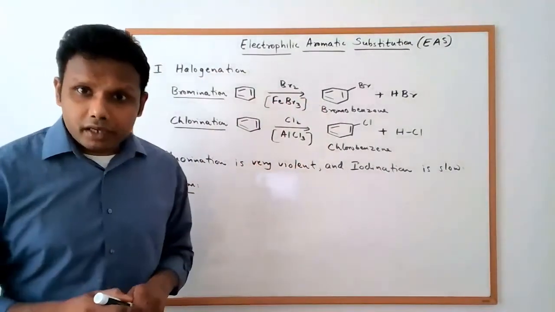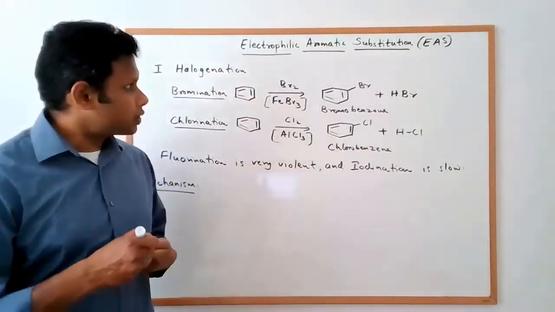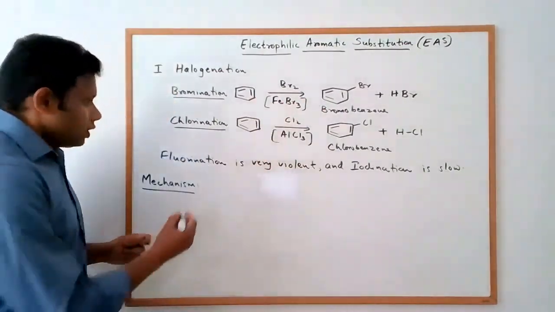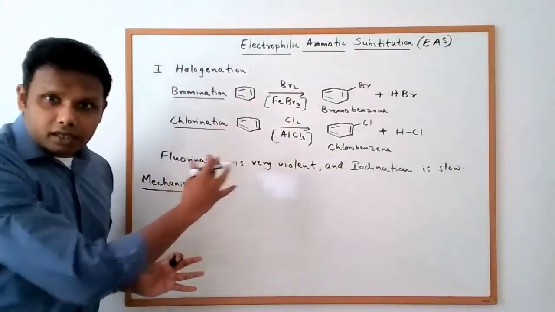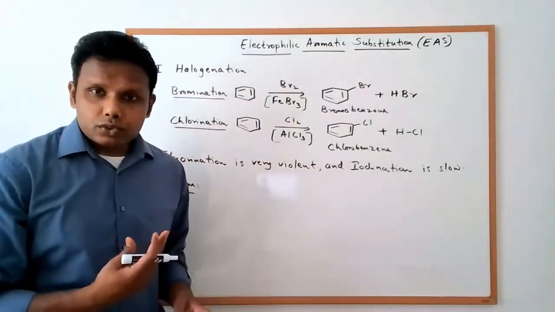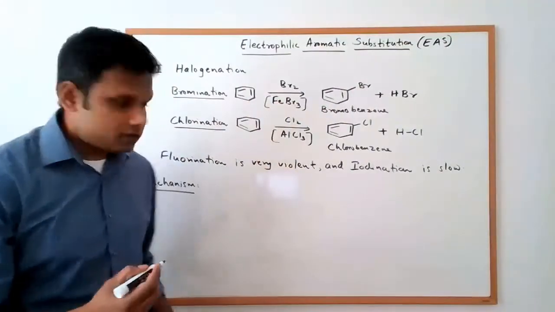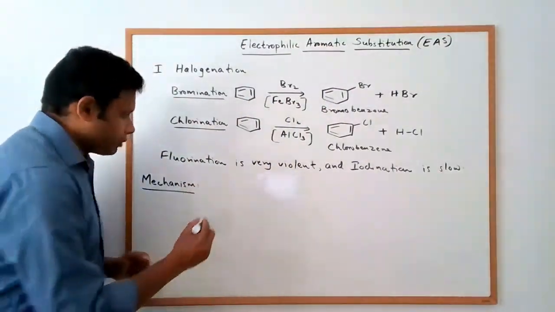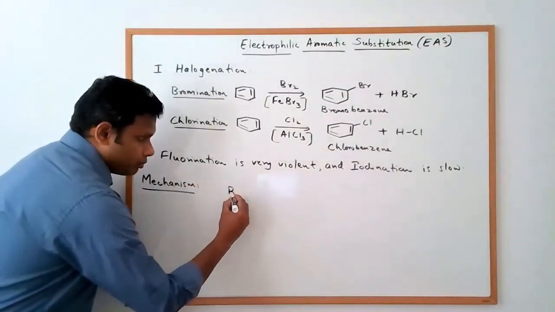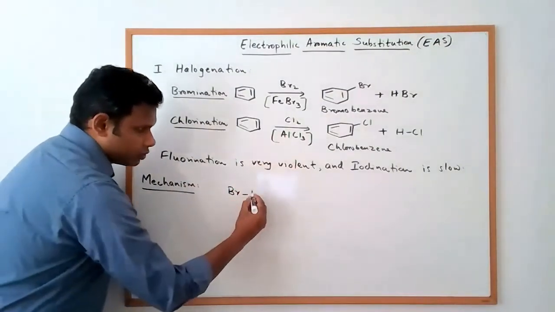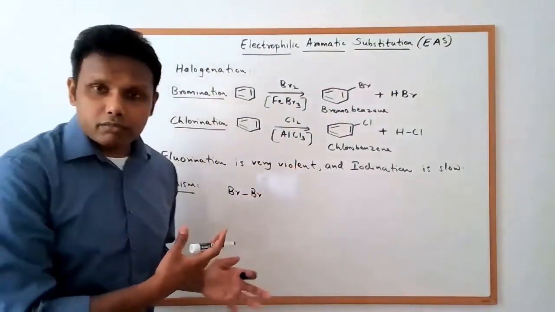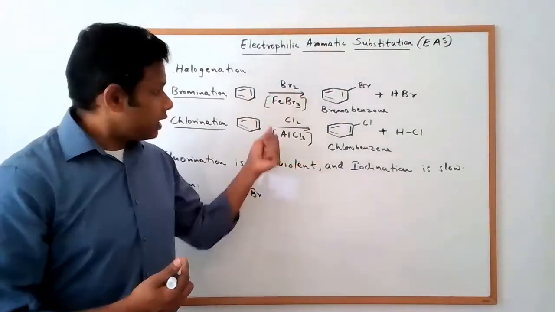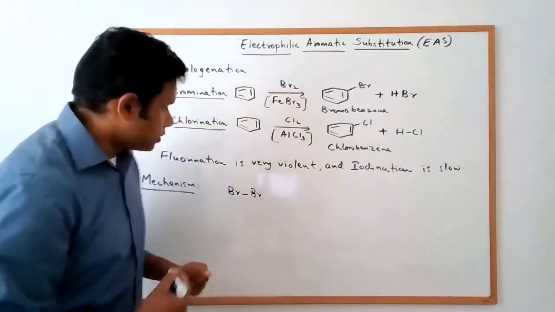So let's look at the mechanism of this reaction, and we will also try to understand the role of the catalyst. So before we get into the mechanism of the electrophilic aromatic substitution, we're going to see the role of the catalyst. So what is the way we understand this reaction in terms of the mechanism is that the bromine or the chlorine, I'm going to write a mechanism for the bromination reaction, but that mechanism can be extended to the chlorination reaction.